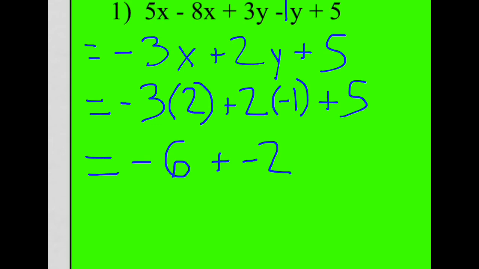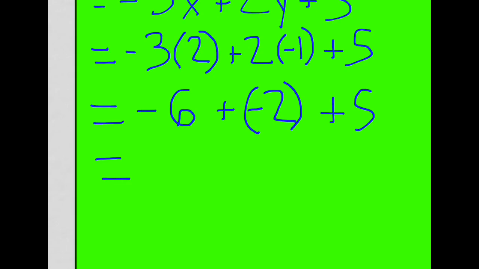Since there's a plus and a minus there, I'm going to separate that with parentheses. Plus 5. Now let's finish this expression. It's all addition now. 6 and -2 makes 4. And I still have positive 5. Now I have 2 negatives and 5 positives. The signs are different, so I subtract them. So my answer is 9.